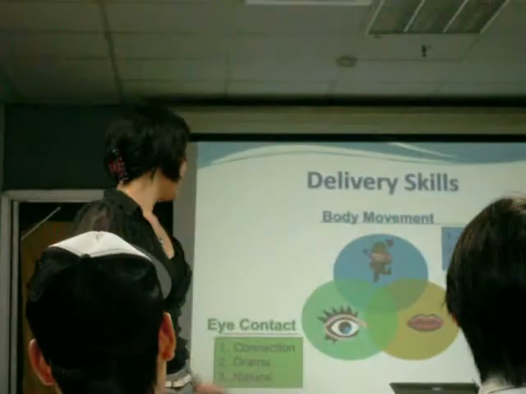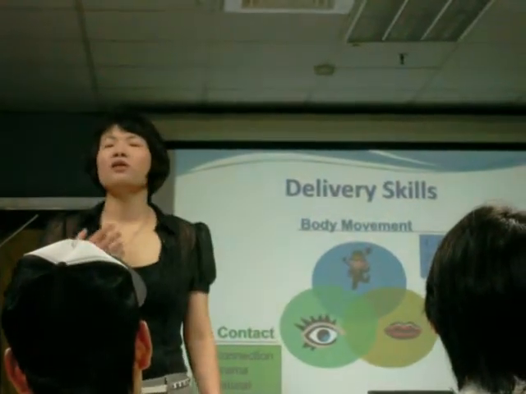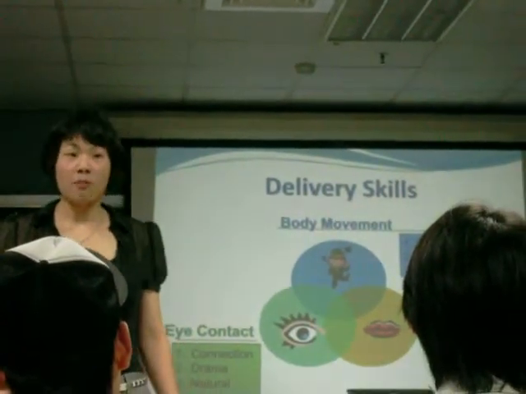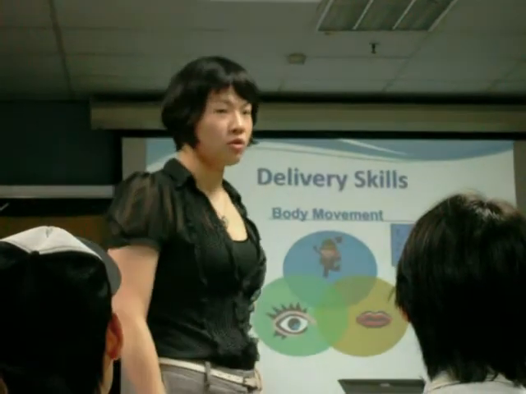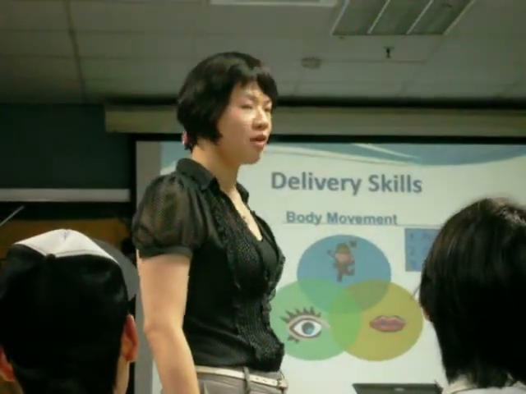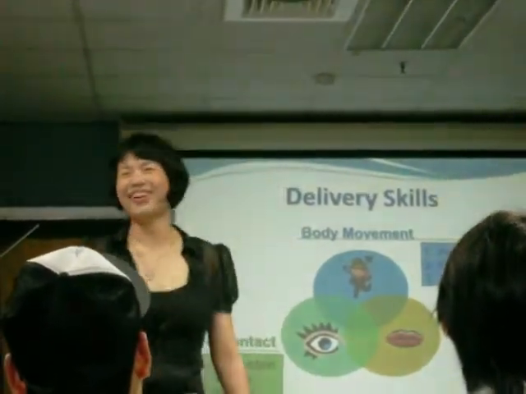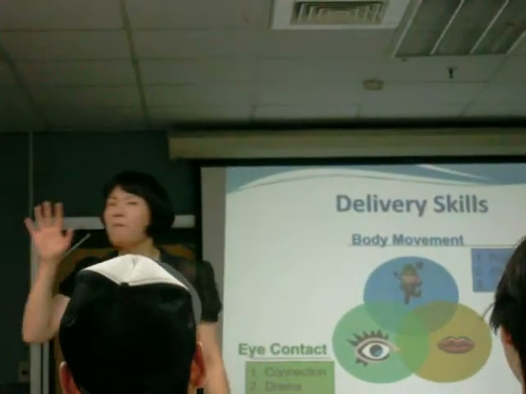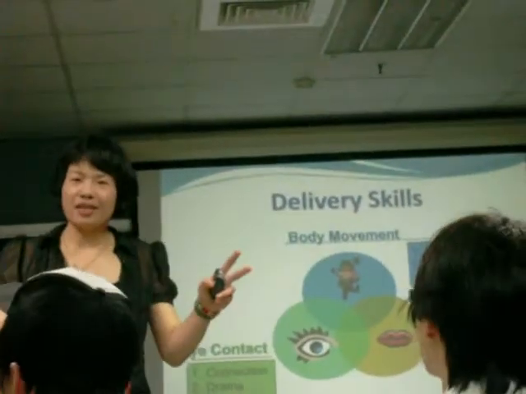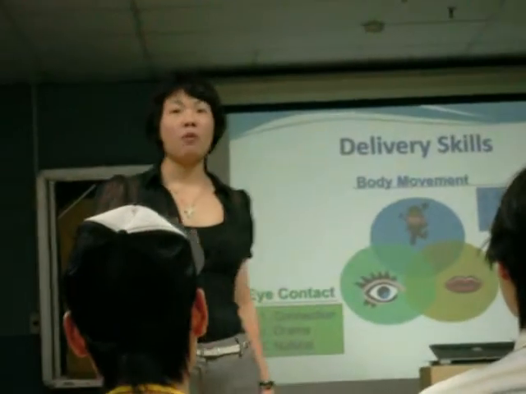Don't do that. Make it natural. Eye contact can create drama, but make sure you don't look at someone too long. They'll really think you are interested. So balance your eye contact, with purpose.